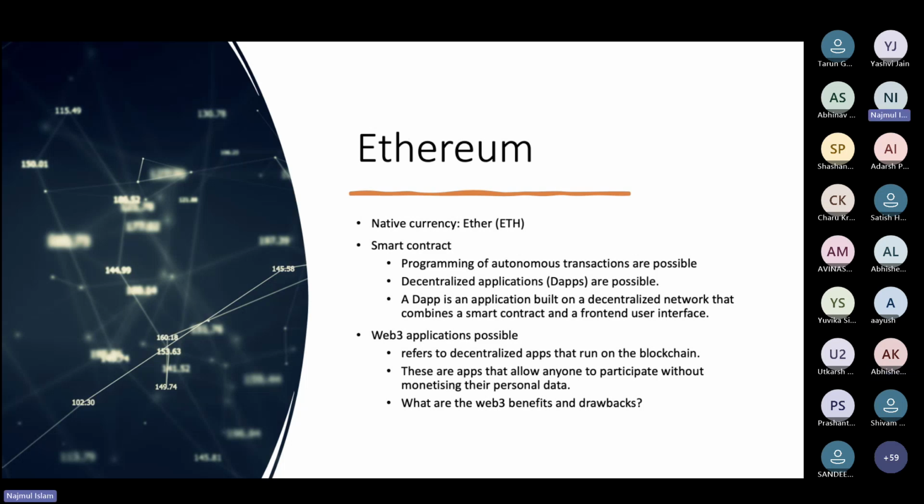But if we are talking about a Web3 version of Twitter, then it is decentralized. Then one person or Twitter cannot remove things, right? So basically the idea is that Web3 applications are running on top of decentralized systems like blockchain. So that's Web3 applications.